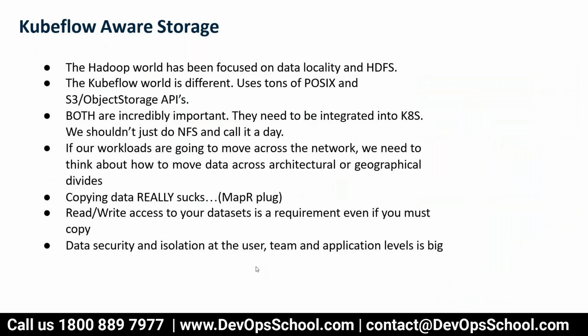Hadoop is a very important tool for data scientists, you know that. So the Kubeflow world is different. It uses tons of POSIX and S3 object storage APIs. That means for storage with Kubeflow, you need to use object storage APIs. Both are incredibly important. They need to be integrated into Kubernetes. We should not just do NFS and call it data.